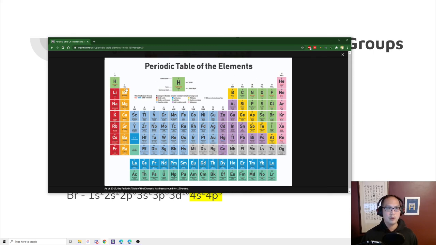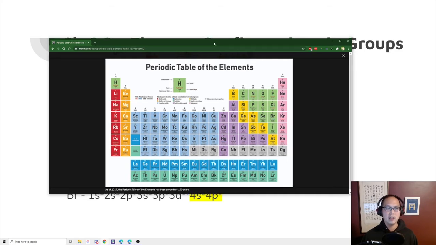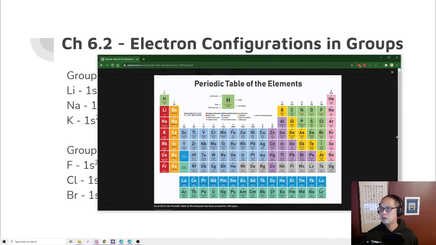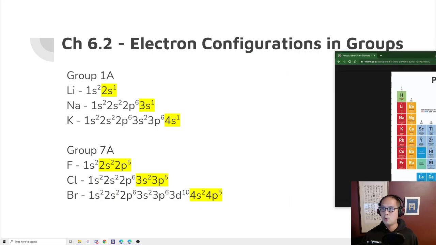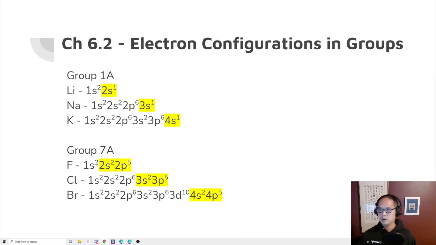We're going to take a look at 1A, this first column, and then 7A, this second to last column, the one next to the noble gases. You can look at it on your own periodic table or in your book. All right, so 1A, lithium ends 1s2, 2s1. Sodium ends 1s2, 2s2, 2p6, 3s1. And potassium ends 1s2, 2s2, 2p6, 3s2, 3p6, 4s1.